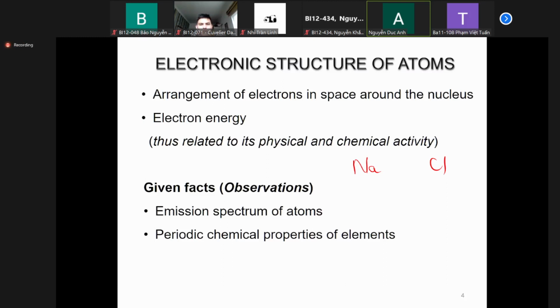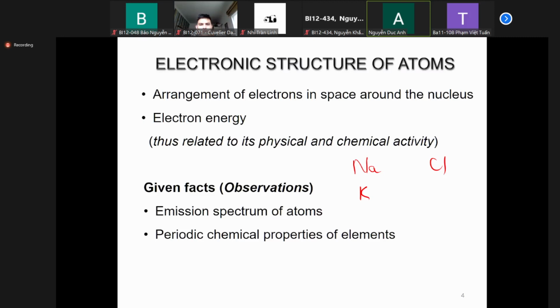In this case, sodium and chlorine show totally different properties. Sodium prefers to donate an electron, chlorine prefers to gain an electron, and they show different charges on the ions. In another case, potassium stays in the same column as sodium, but lower in the row.